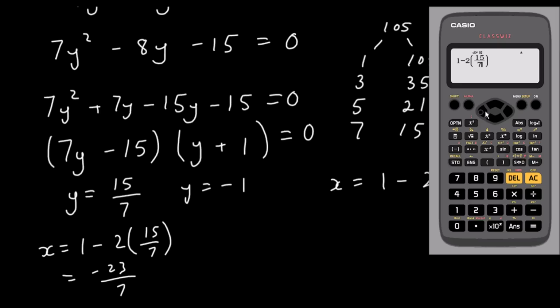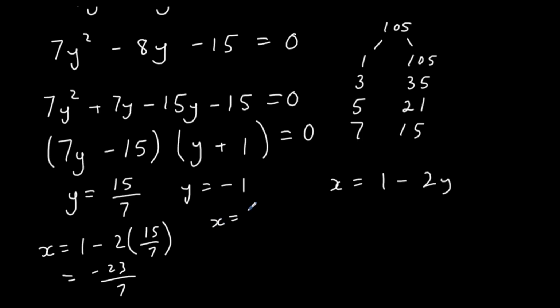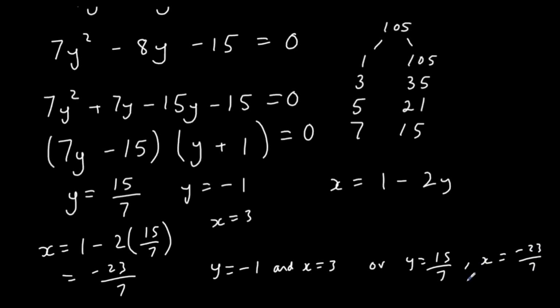And 1 minus 2 times -1 is 3. So y equals -1 and x equals 3, or y is 15/7 and x is minus 23/7.